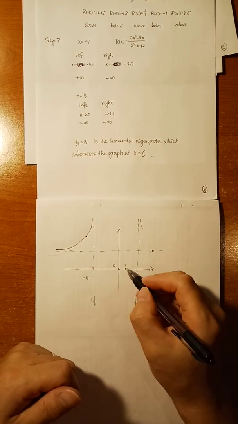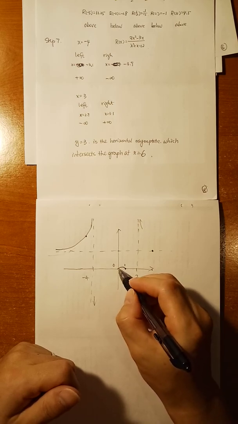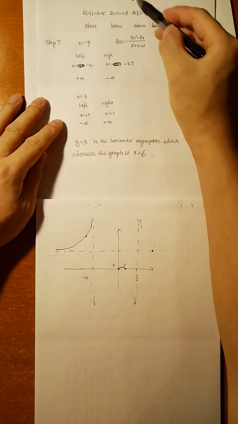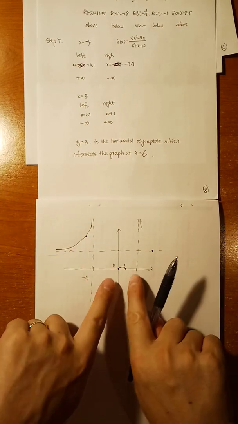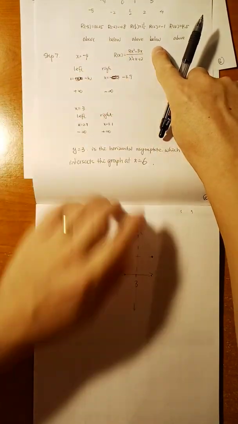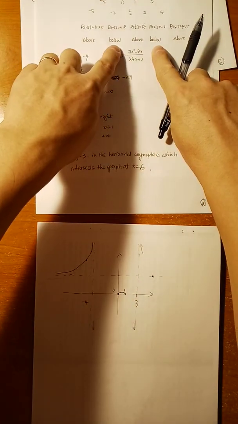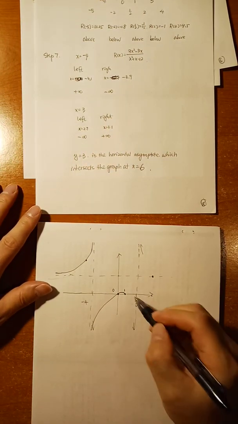And this part, you have 0. Between 0 and 1, it's 1 over 15, above the x-axis. On these two other parts, it's below the x-axis. That's what we got in step 6. So it has to be this way.